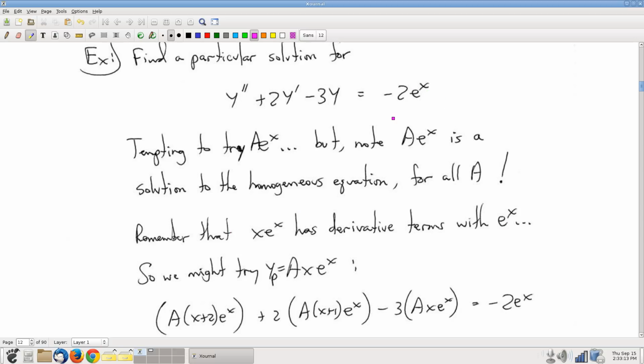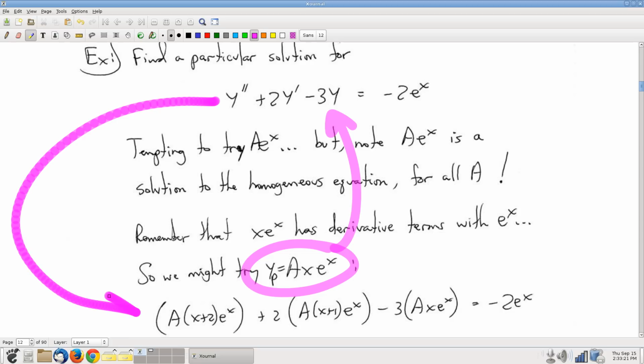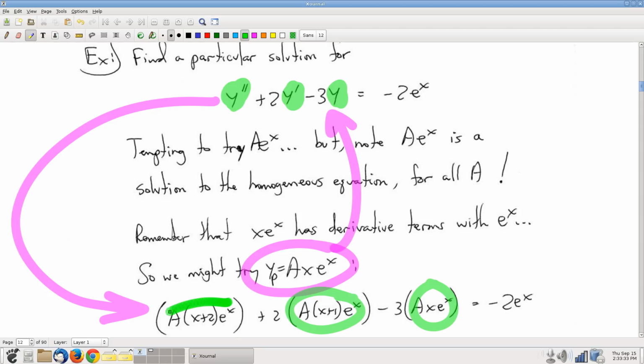So let's try some multiple of xe to the x. Put that into our differential equation. The differential equation becomes this. Note that the y prime, gotta do a little bit of algebra to work out what that y prime is, and likewise y double prime are just those things.